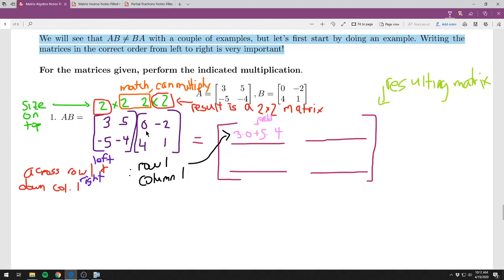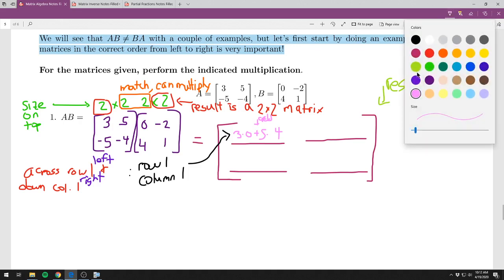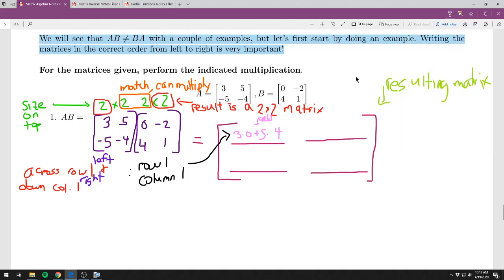So we got 3 times 0 where we started. Then we added. We moved over to 5 and down to 4. We don't have anywhere more to go over or down, which means we are done with this entry. But if you use the words that we're describing here, it really helps.